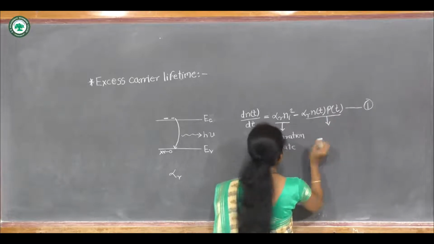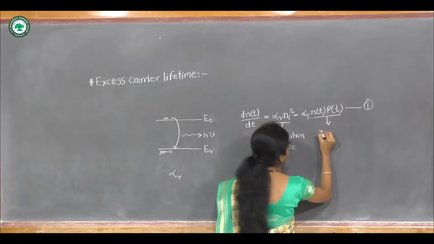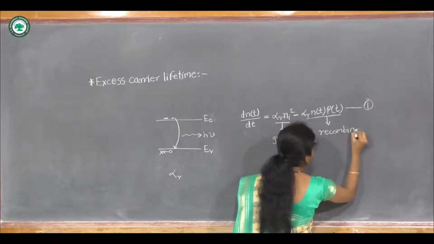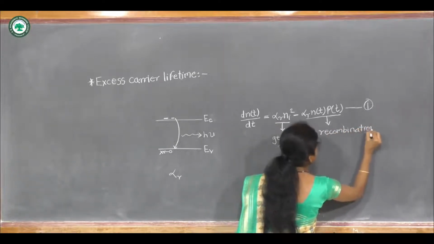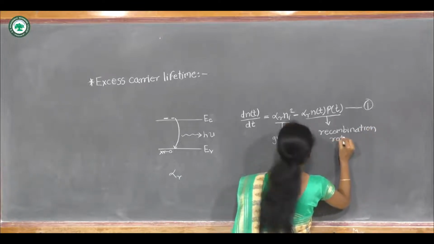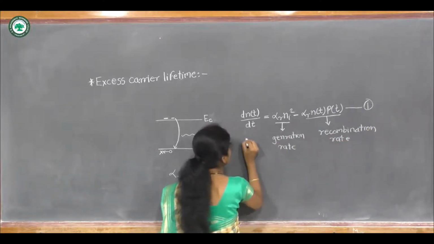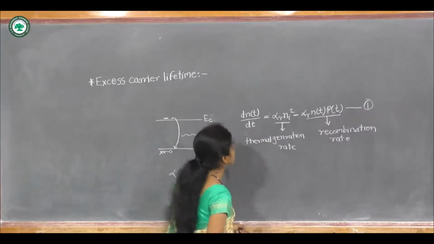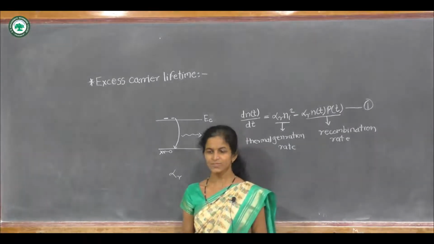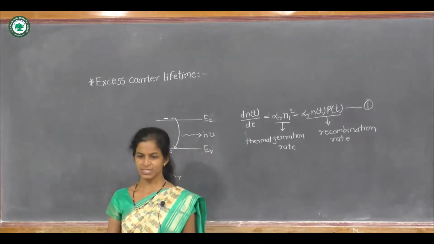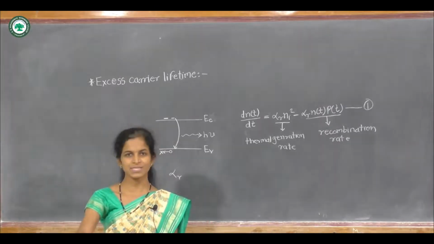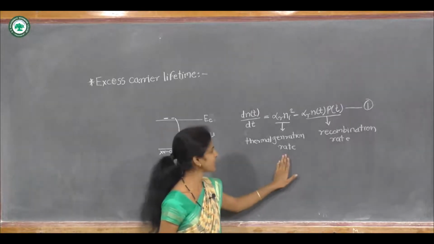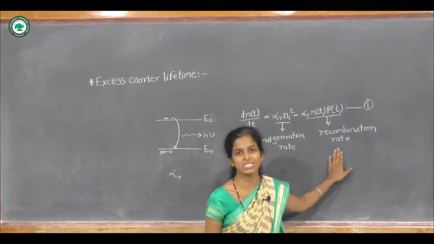This is equation number 1, where alpha r into ni square is the thermal generation rate, and alpha r into n(t) into p(t) is the recombination rate. In this way, the net rate of change in conduction band electron concentration is the difference between the thermal generation rate and the recombination rate.